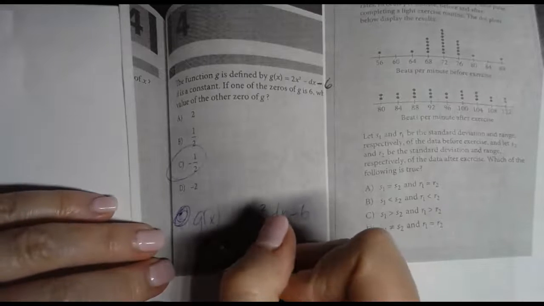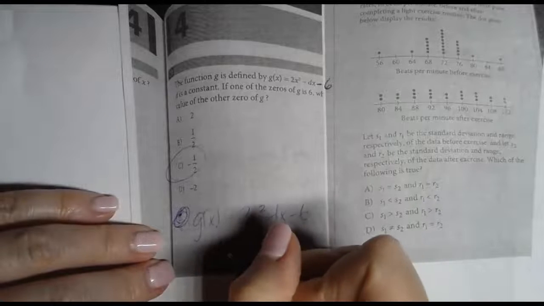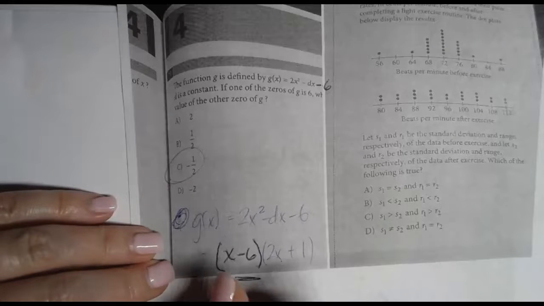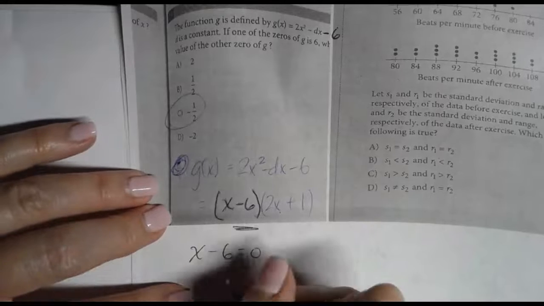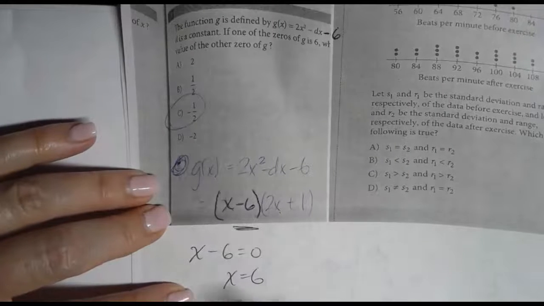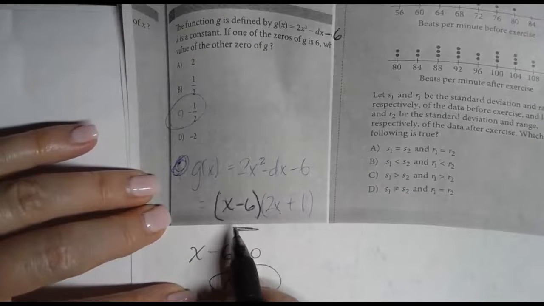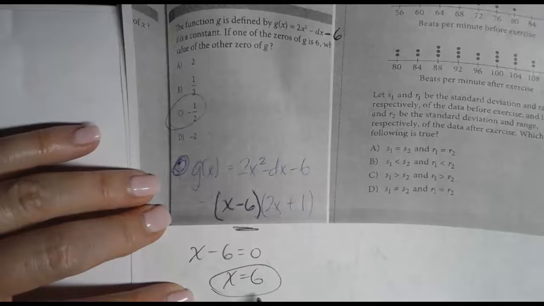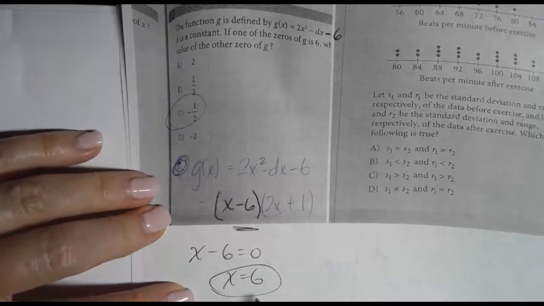This is one where you kind of got to look and go backwards. Remember, if you're talking about zeros, then first find factors. So one of the factors of your function is x minus 6. How do I know it's x minus 6? Because if I set x minus 6 equal to 0, I get 6. That's how I know that x minus 6 is a factor, because it brings about a zero of 6.